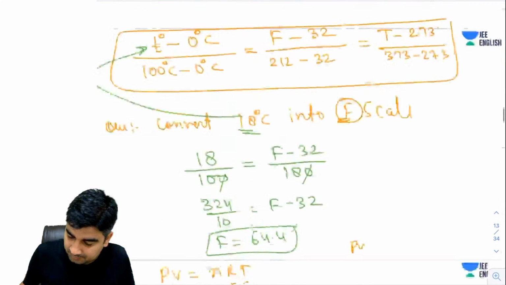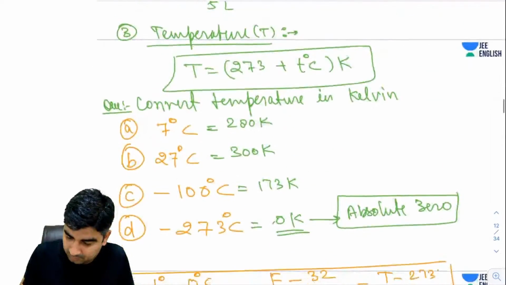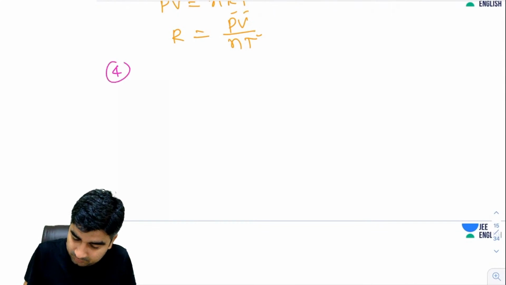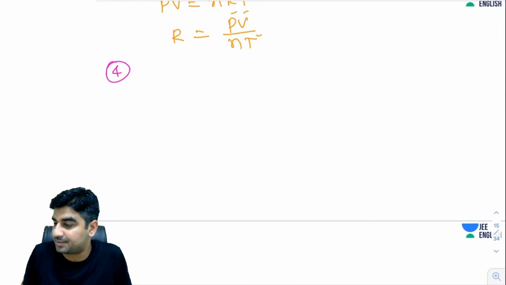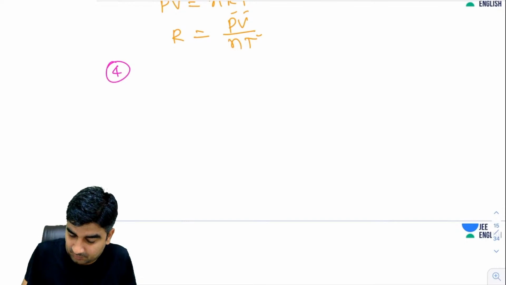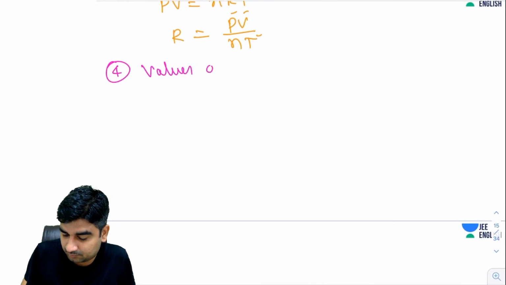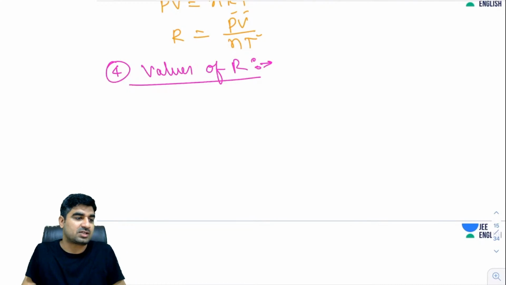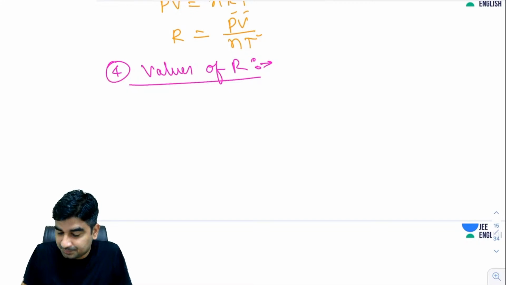So, fourth point, and that fourth point is values of R. Yes, someone was asking it. Very important.